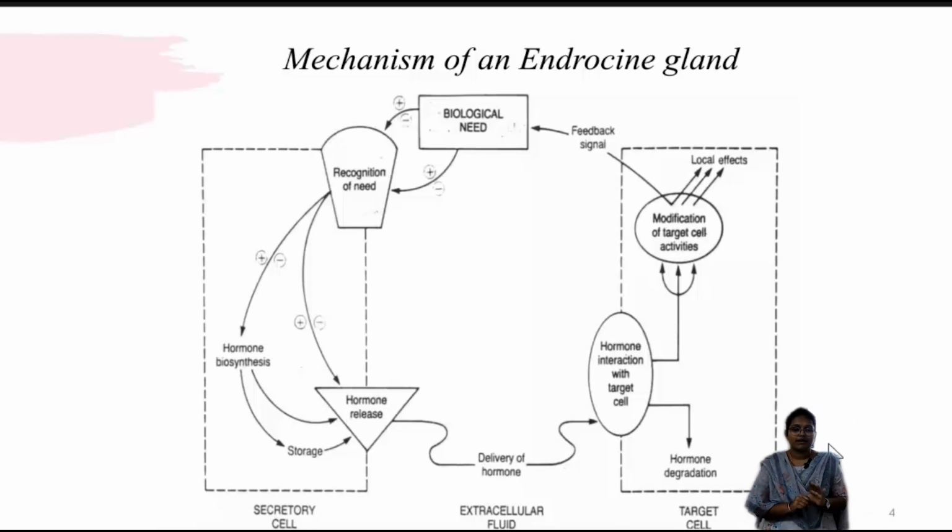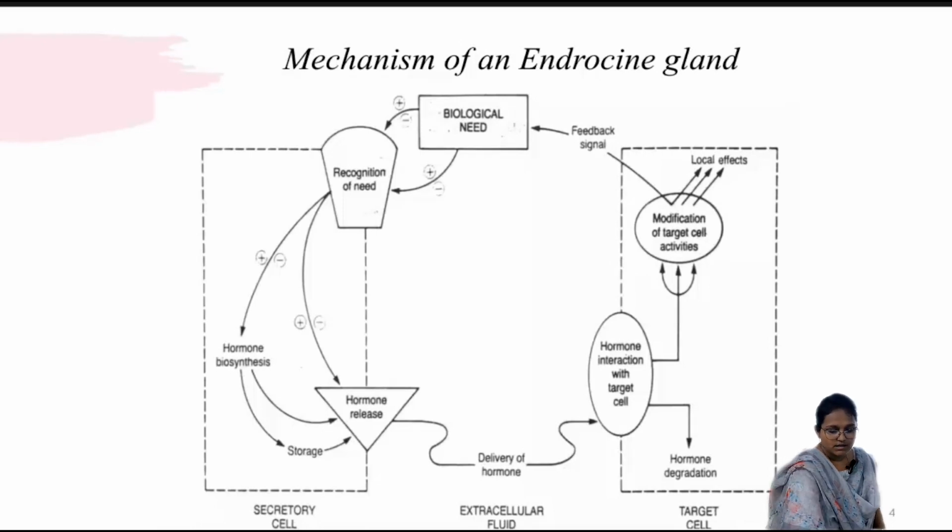After that, a feedback mechanism is sent to that gland, as it no longer recognizes the need because the need is rectified, and then the extra hormone is degenerated. This is the basic mechanism for all glands.